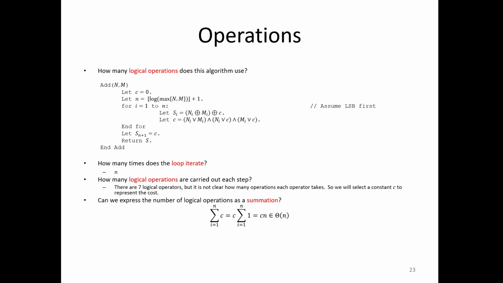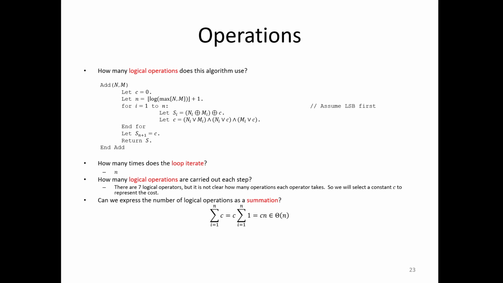It's the sum from I equals 1 to n, and on each iteration we said there was some constant number of operations, which is c. And we can see in our first transformation here, we factor the c out. And let's remember our rule here. Since c is not dependent on the index I that we're iterating over, we can factor it out. And so when we factor it out, it leaves just a 1 there.